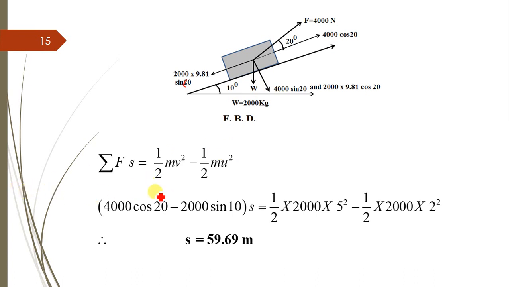Next, substituting the values, we consider the summation of forces. The displacement occurs along the inclined plane, hence we consider only the forces along this inclined plane. So the force will be 4000 cos 20, and next is 2000 into 9.81 into sin 10.